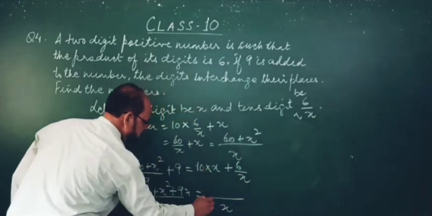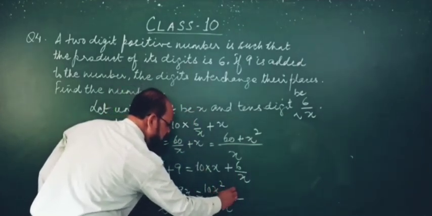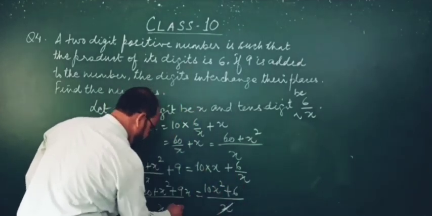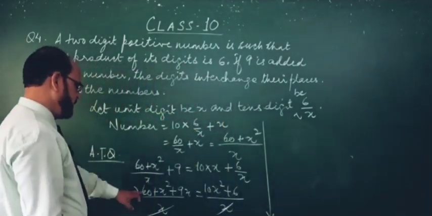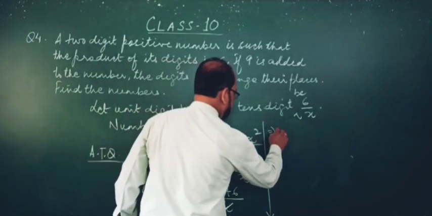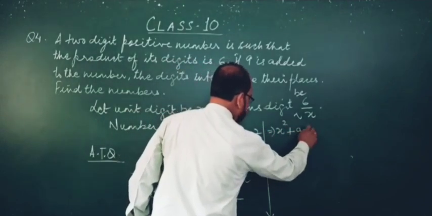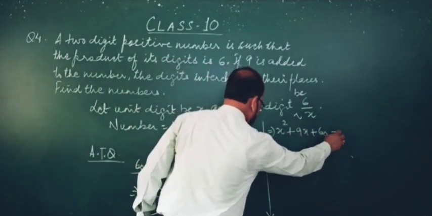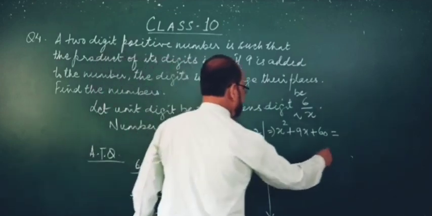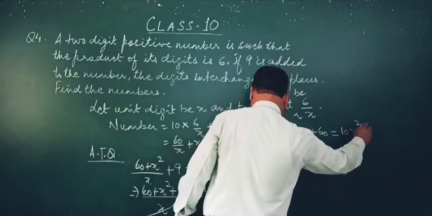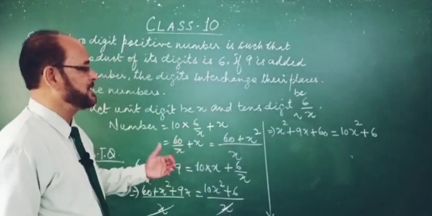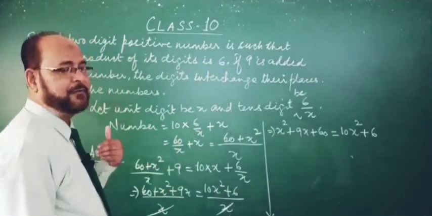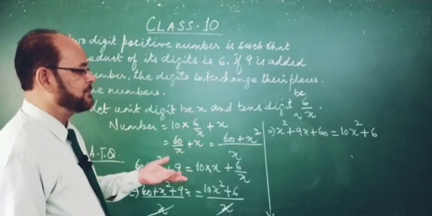We'll take LCM x, so it will be 10x square plus 6 upon x. This x and x we can cancel out. So what do we have left here? x square plus 9x plus 60 equals 10x square plus 6. Now we have to collect all x square, x and number terms on one side of the equal sign, and on the other side we will have 0.